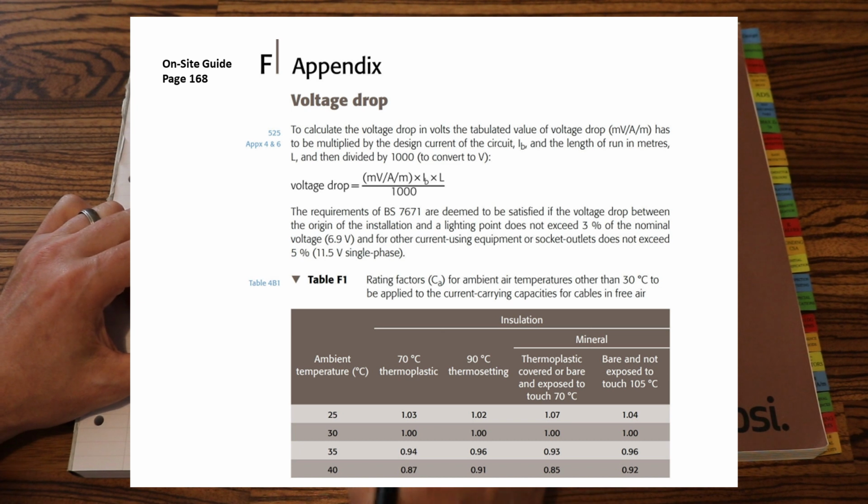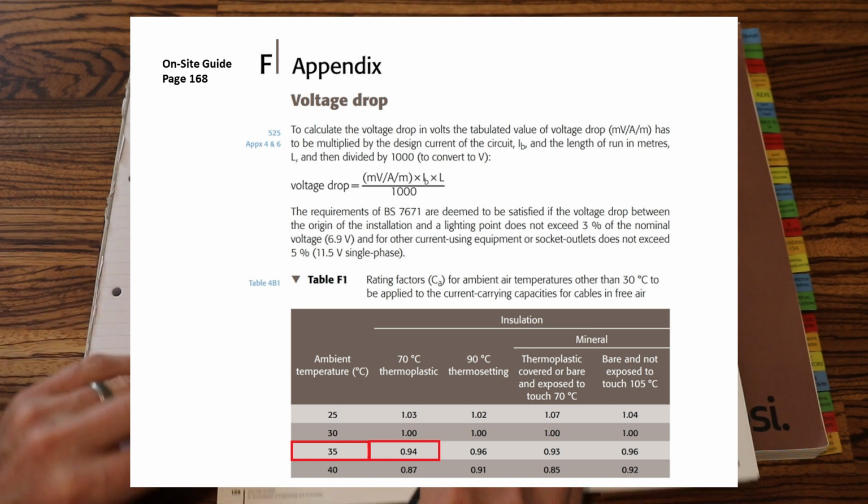Let's look at column 1 is ambient temperature, column 2 70 degree thermoplastic, column 3 90 degree thermosetting cable, and columns 4 and 5 are for mineral insulated cable, MI. So our question says we are using 70 degree thermoplastic, so we are looking at column 1 and 2.